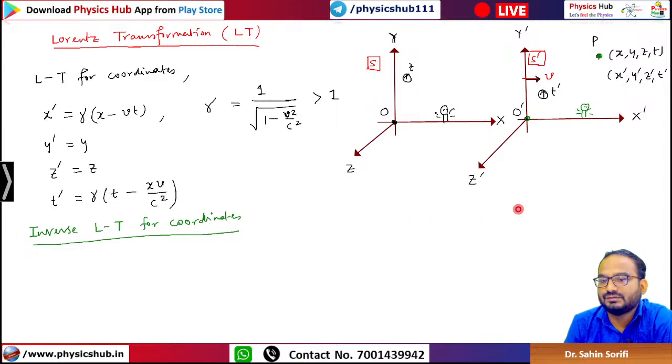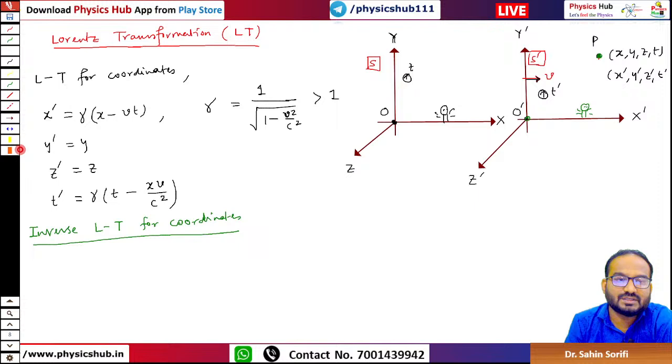With respect to you, the car is moving with speed v. Now imagine a boy is sitting inside the car. What will he see? He will see that this person is going away from him with speed v, but in the negative direction, right? You will see the car move with speed v, but the boy inside the car will see you go away with speed v in the opposite direction.